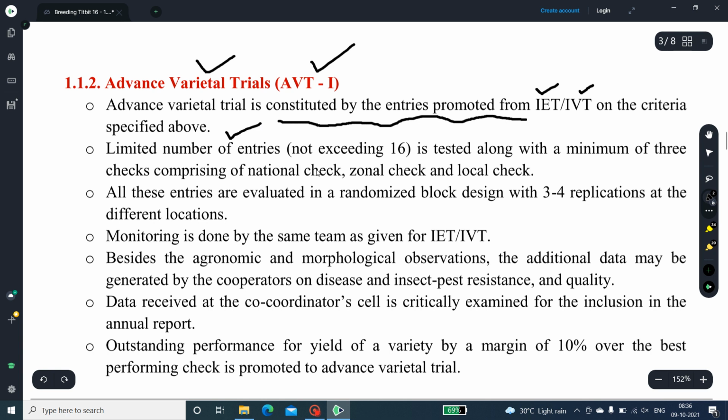A limited number of entries, not exceeding 16 entries, is tested along with a minimum of 3 checks comprising the national check, zonal check and local check. All the entries are evaluated in a randomized block design with 3 to 4 replications at different locations. Monitoring is done as in the IET or IVT.